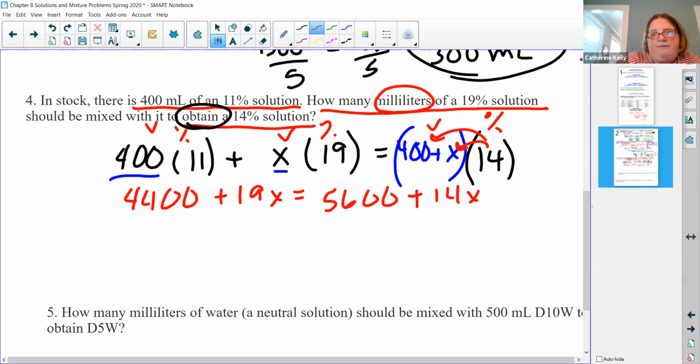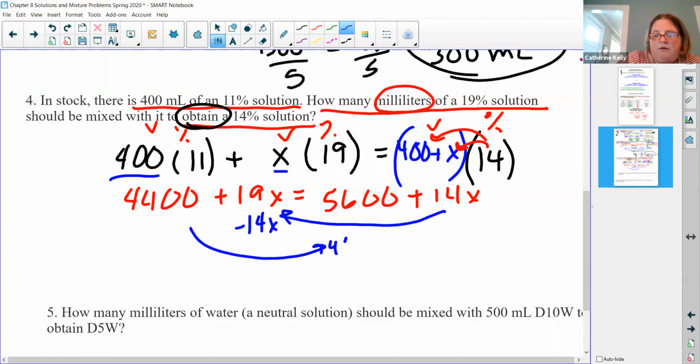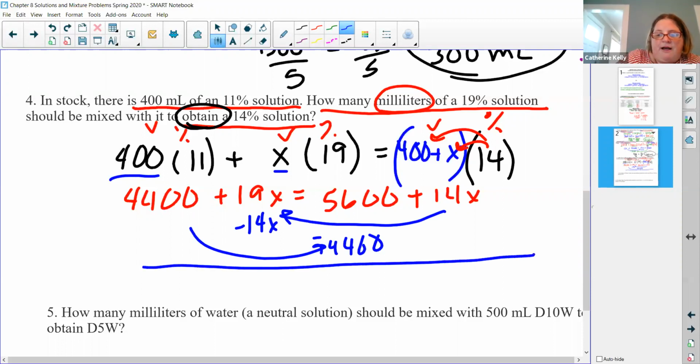I'm going to take my 14 to this side this time because it's smaller than 19. And I'm going to take my 4,400 to this side, minus. So I have 5x equals 5,600 minus 4,400, 1,200.